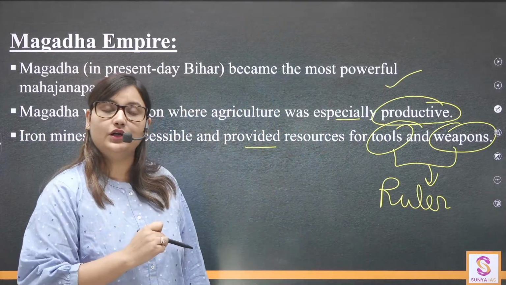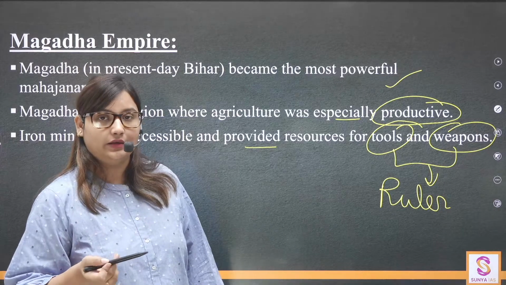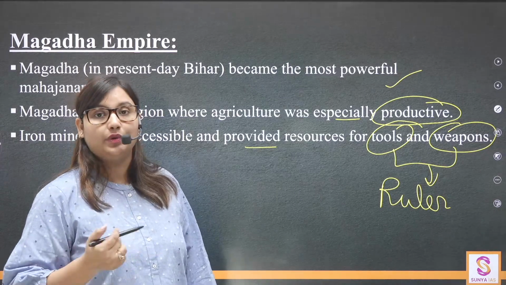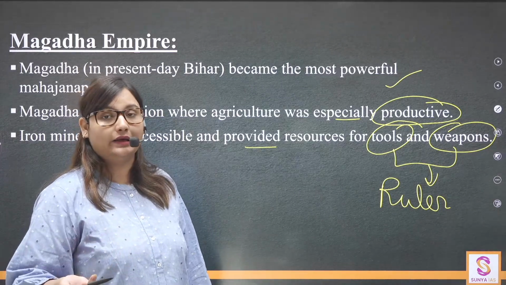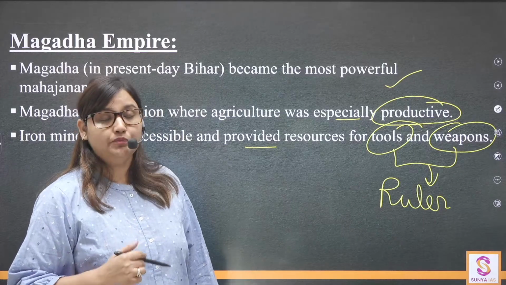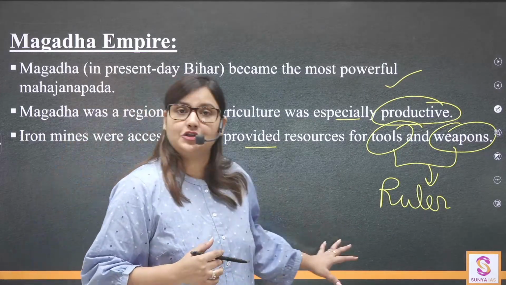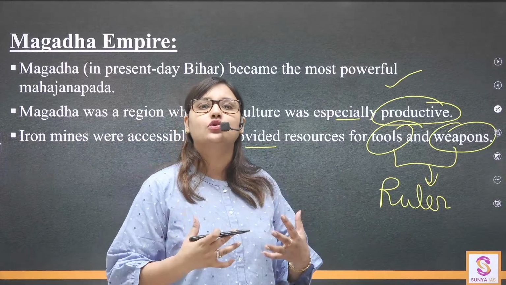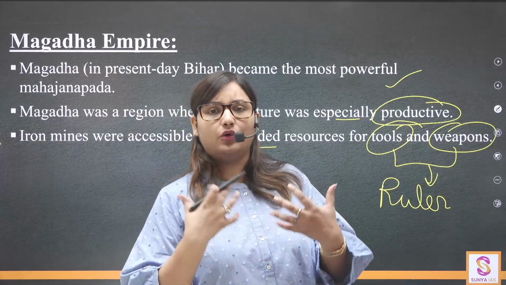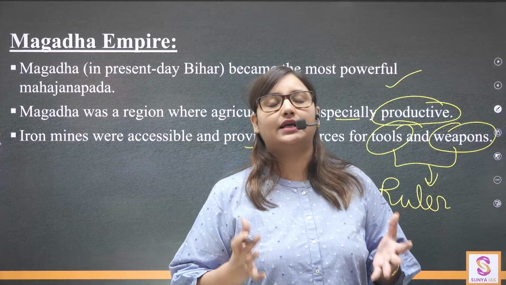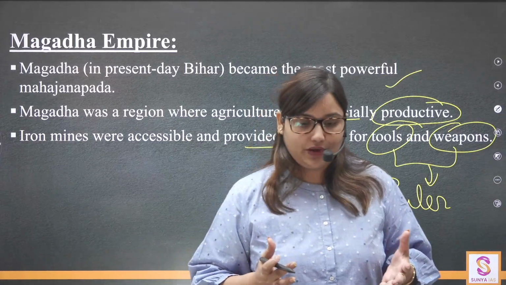Due to this only, the rulers of Magad, like I told you yesterday also, Bimbisar, Ajatashatru, Udayin of the Haryanka dynasty, they became very ambitious because they had the source of wealth with them. They knew from where they can get the best kind of weapons. Fine?